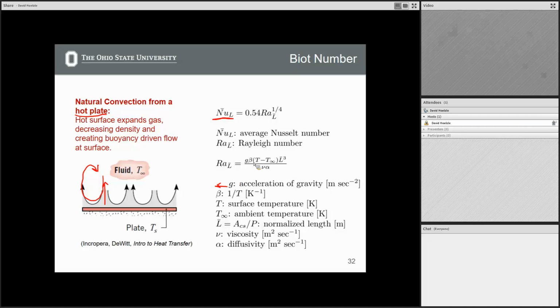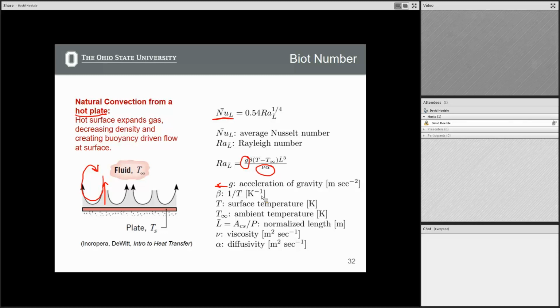Rayleigh number is a factor that includes basically buoyancy forces, and so therefore you have acceleration of gravity in this Rayleigh number, temperature differences, and some sort of fundamental length, and also viscosity and diffusivity terms.